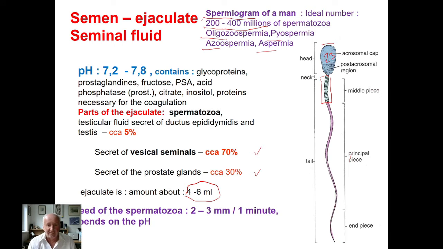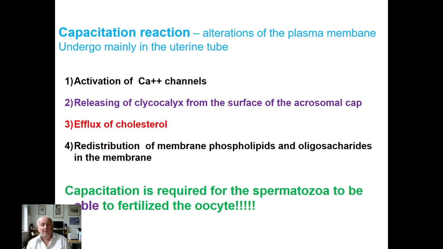The ejaculate has a very interesting composition, which helps the spermatozoa to survive in the vagina and to move on. Many interesting enzymes, sugar, fructose, for example. Now a very important thing which the spermatozoa have to undergo on the way to the oocyte: capacitation.